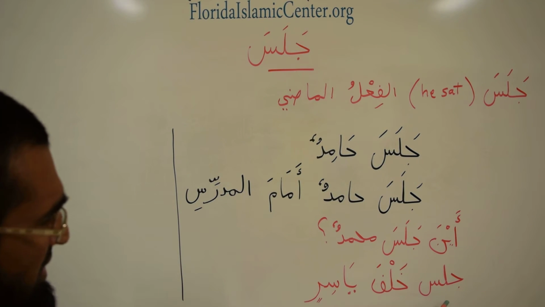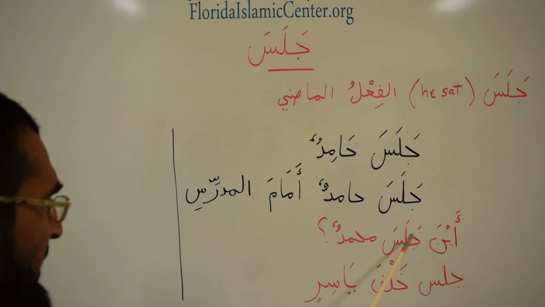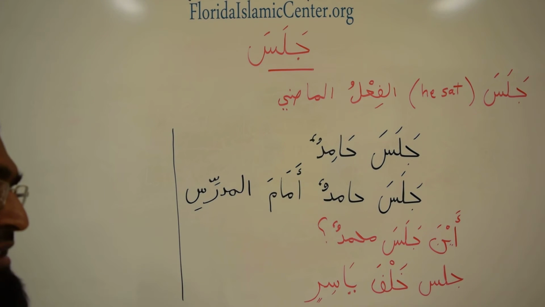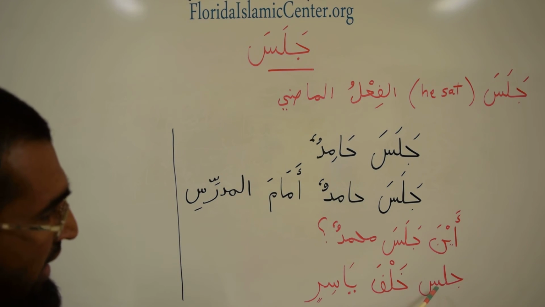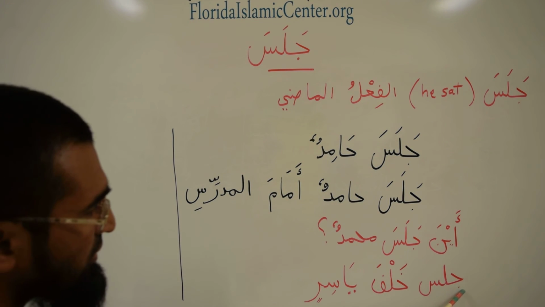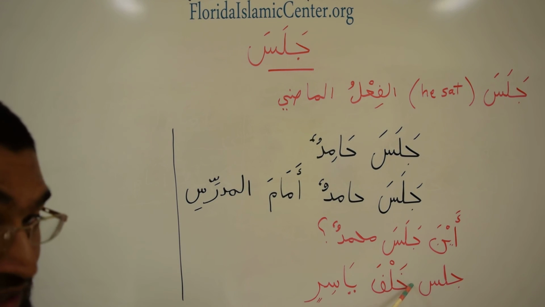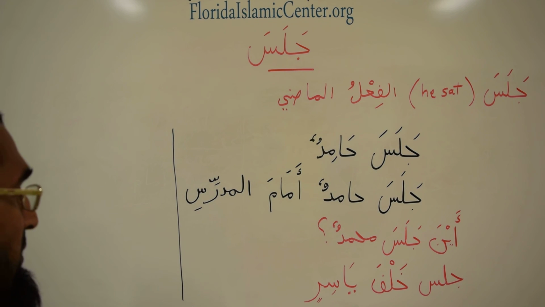We didn't say Jalasa Hamidun khalfa Yasir. It's because it's already understood. We asked, where did Hamid sit? We don't have to say Hamid sat. You can just say he sat. And this form Jalasa, even though there's no name mentioned after it, it's implied that it's he. He sat behind Yasir.